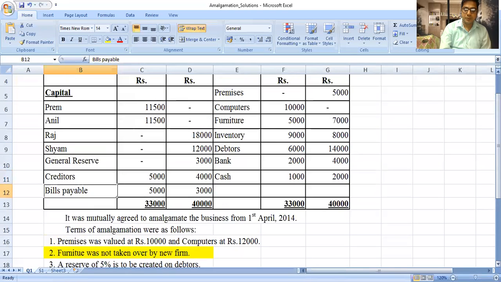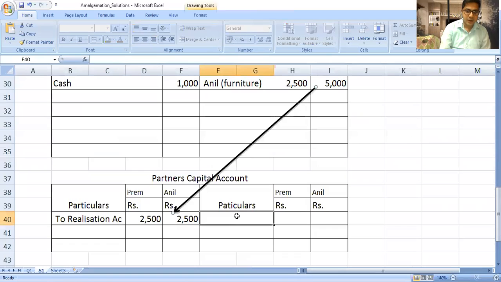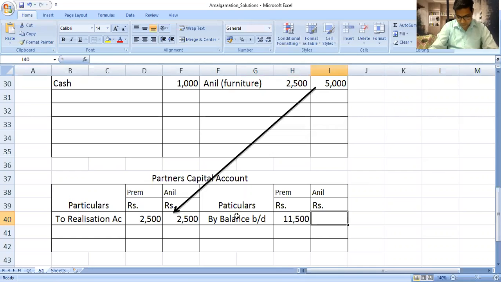Then friends, now whatever capital is available, this 11,500 and 11,500 on our liability side, these balances we will transfer to the partners capital account. So we will write here partners capital account, by balance brought down, amount 11,500 and Anil also 11,500.